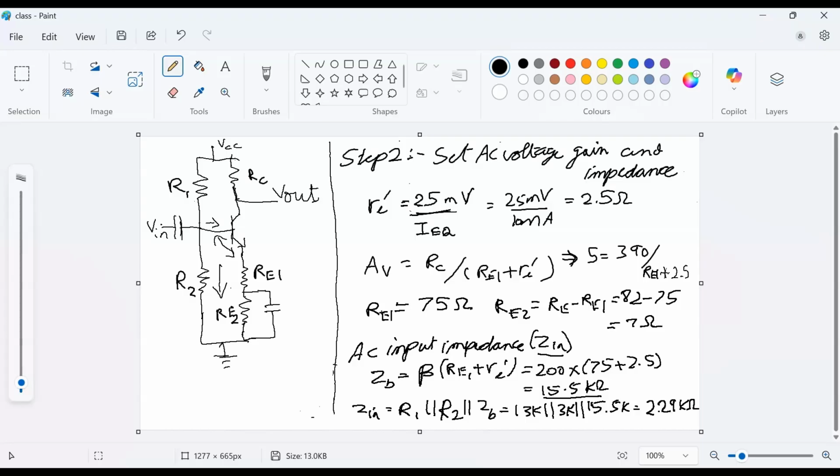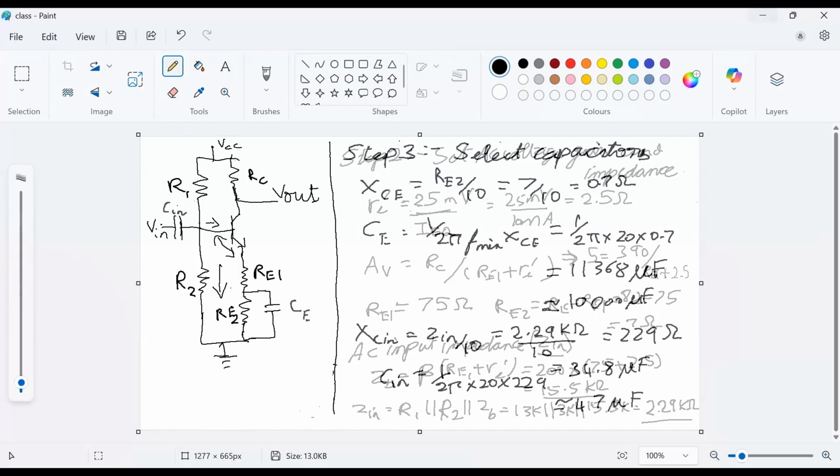Finally, using this value, we are calculating Zin, which is given by the parallel combination of R1, R2, and ZB. So this is 13K in parallel with 3K, which in turn is in parallel with 15.5K. That gives an impedance value of 2.29 kilo ohm for the input impedance of the CE amplifier stage.